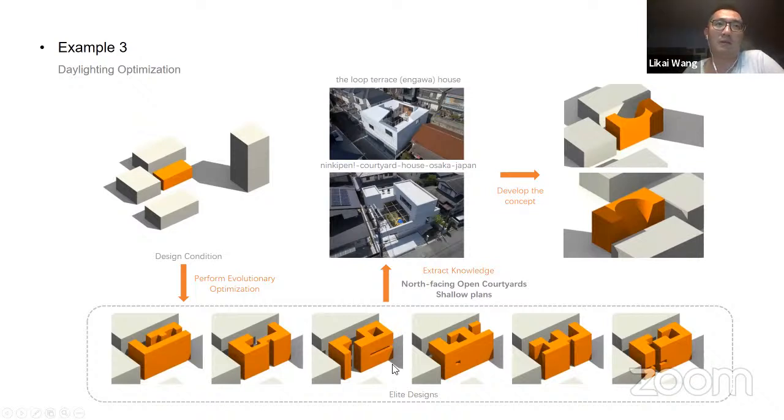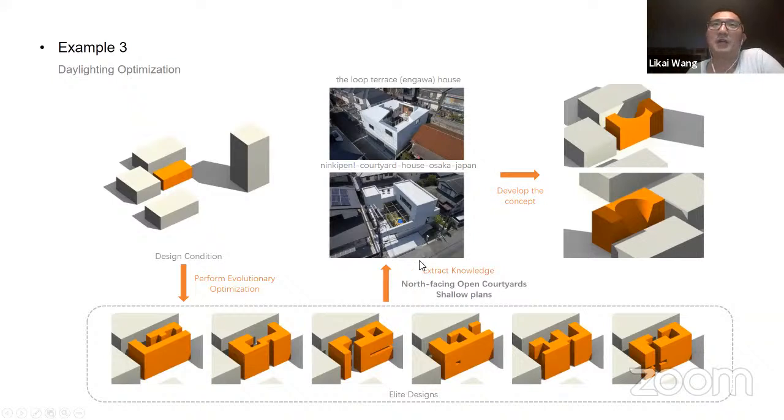So you can see that they try to make more space between this building and the building behind it, to allow more daylight to come to the north-facing and west-facing facades of this building.